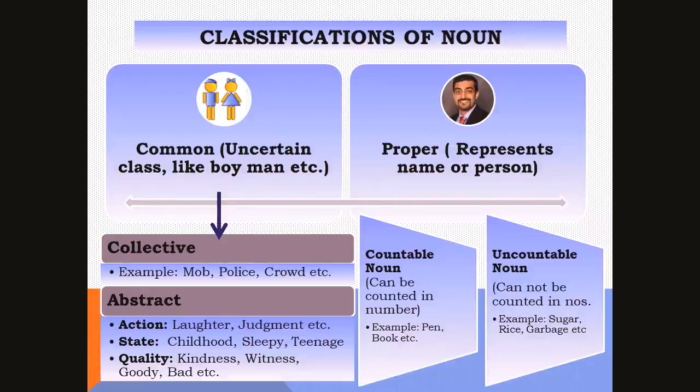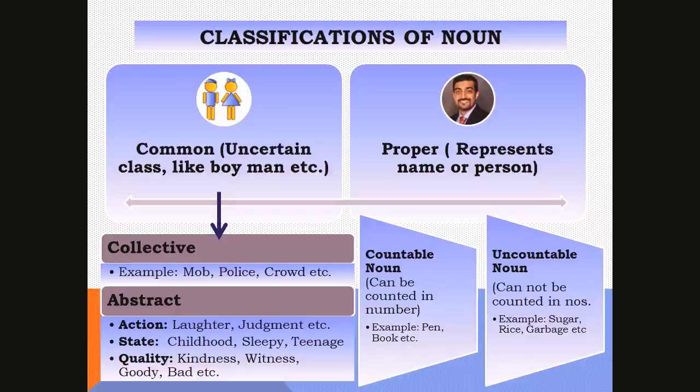Next slide will come up to noun. The noun is not limited. Especially, there are two types of nouns: one common noun, another one proper noun.